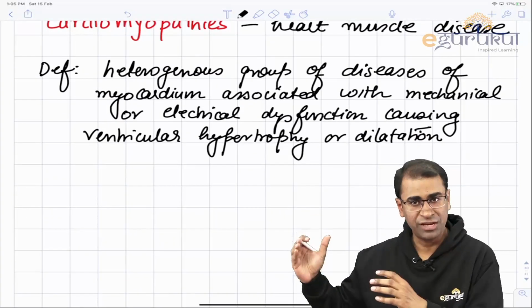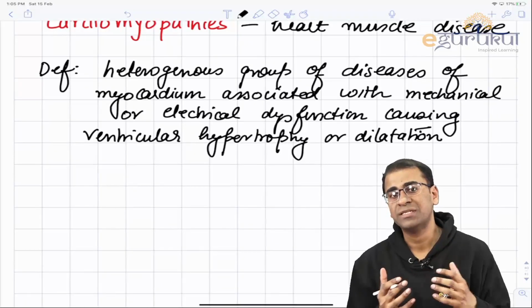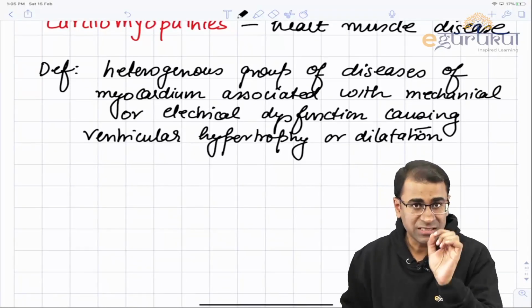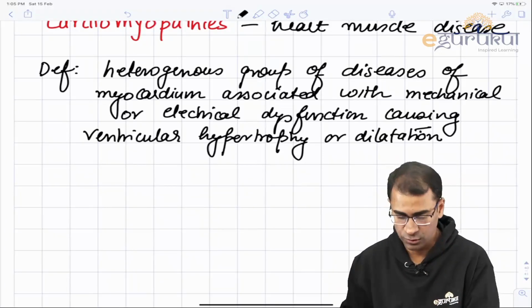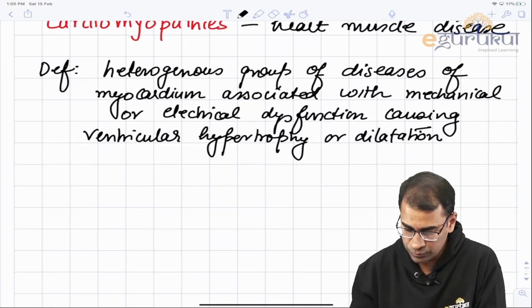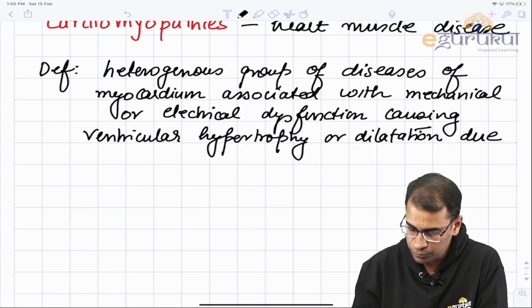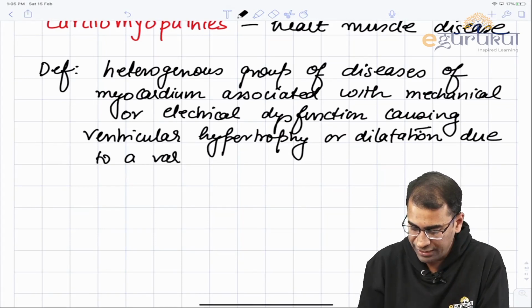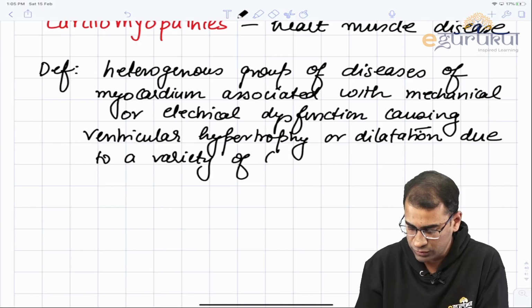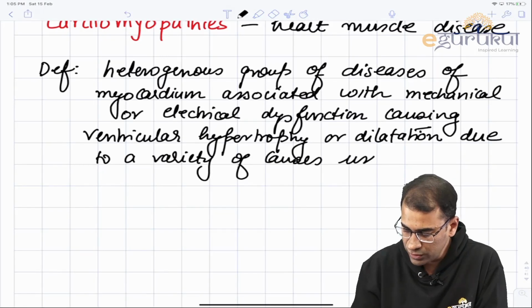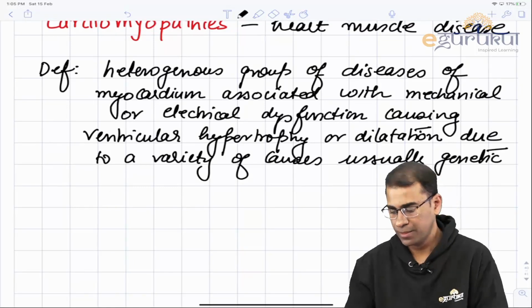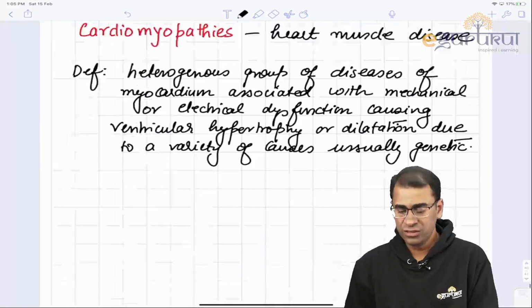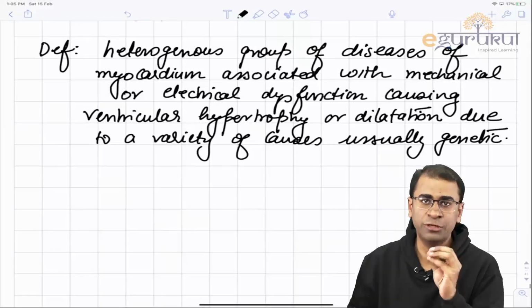Now, in the same definition, we can also add what is the basic reason of this. The basic reasons are due to a variety of causes, usually genetic, but can also be acquired causes. Now, I understand it's a very long definition, but it has a lot of meaning to tell us.